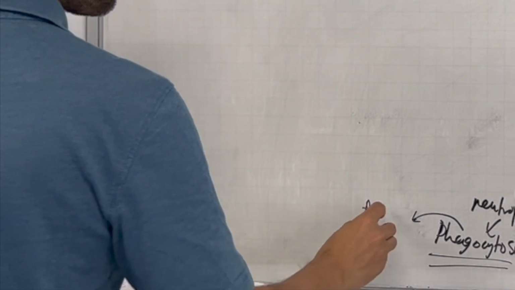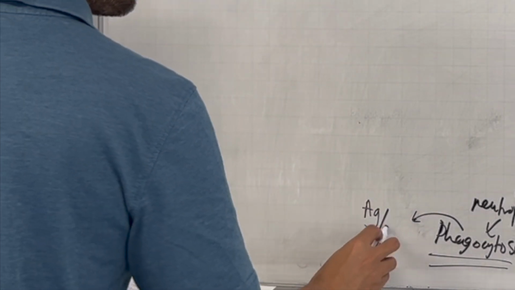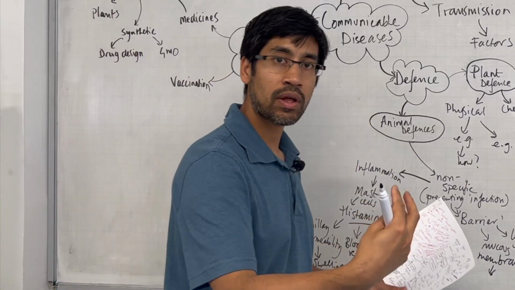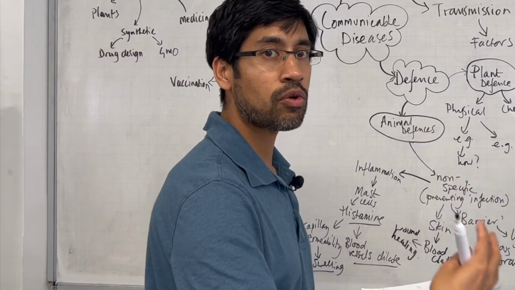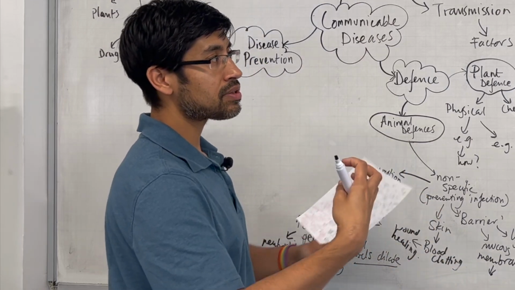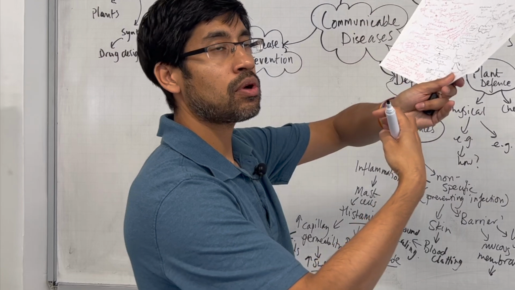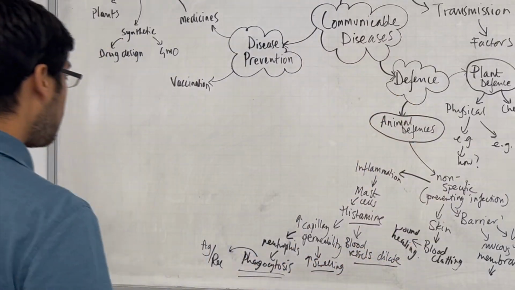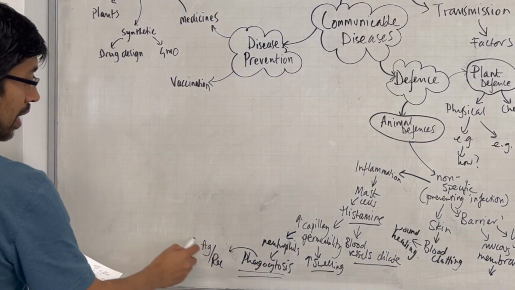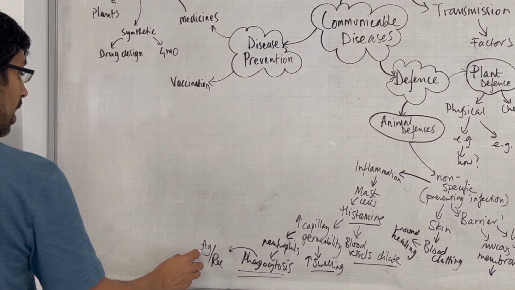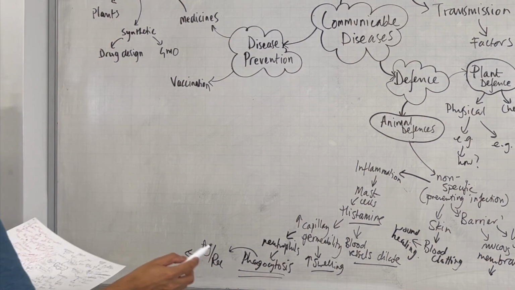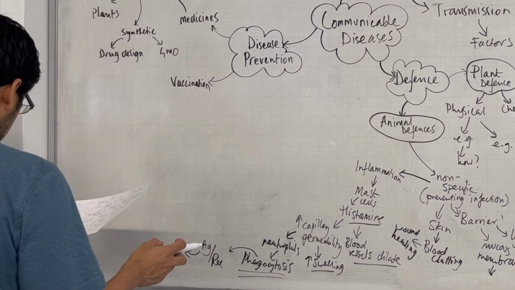So we have antigen receptor interactions. On a white blood cell, on a phagocyte like a neutrophil or a macrophage, we've got receptors. They bind to the antigens on the pathogen, so we've got that antigen receptor interaction.